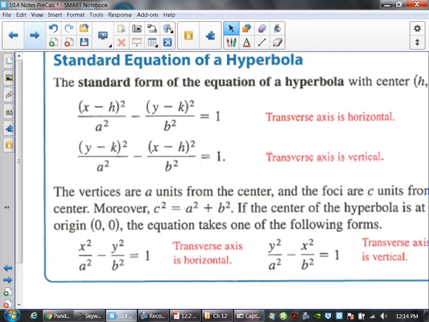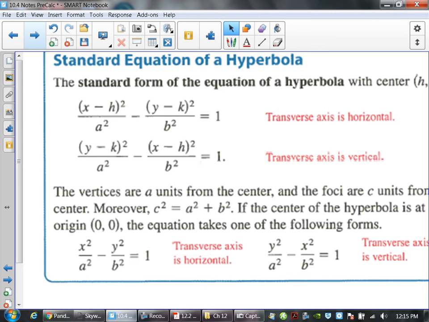C is the center to your focus. And obviously your focus is going to be further out than your vertex is, because the vertex always looks at a focus. So in a hyperbola, to figure out that value of c, since this is a subtraction symbol, it's going to be a squared plus b squared to get your c squared value.